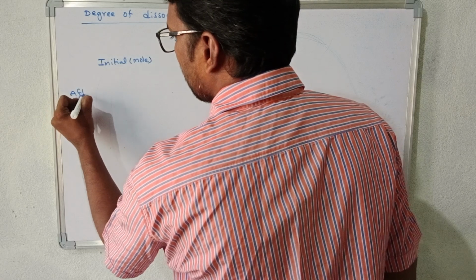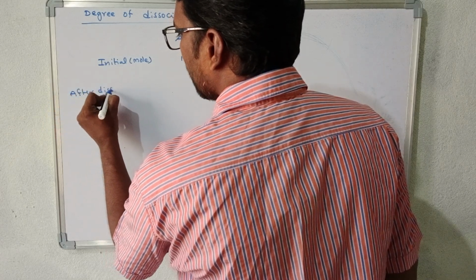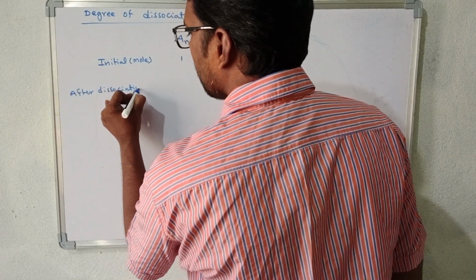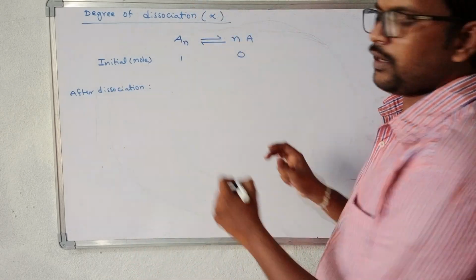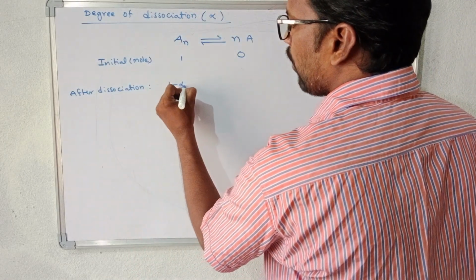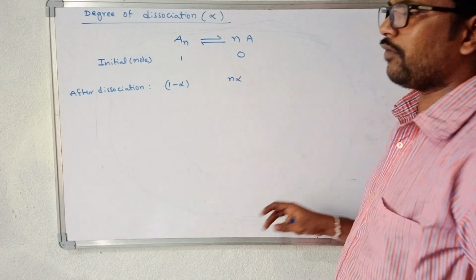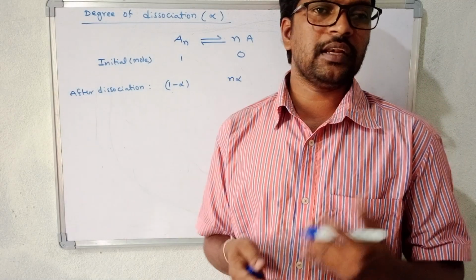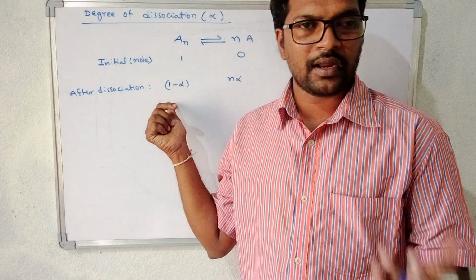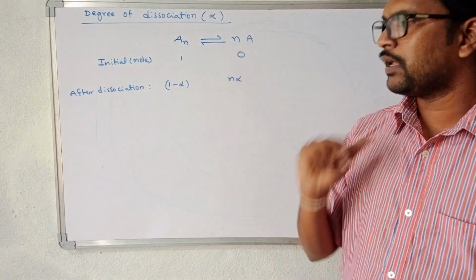After dissociation, the moles become 1 minus alpha for the reactant, and the product is present n times, so n alpha.